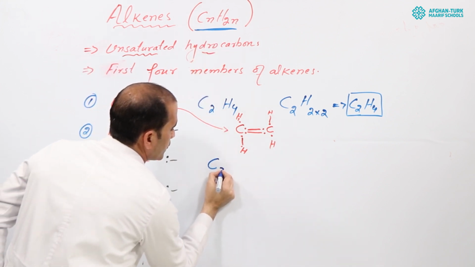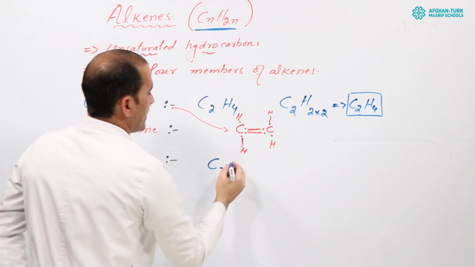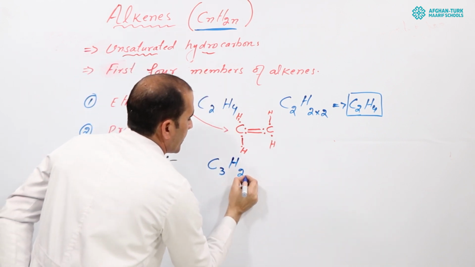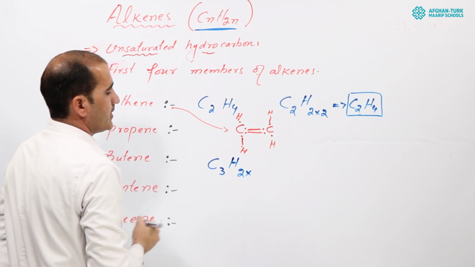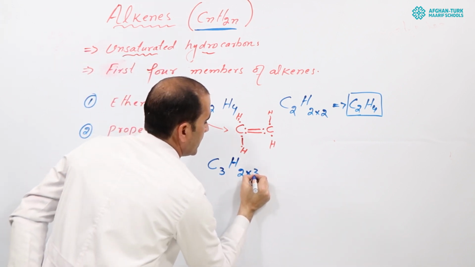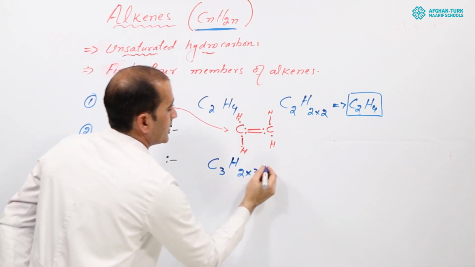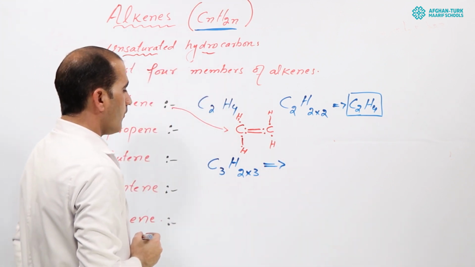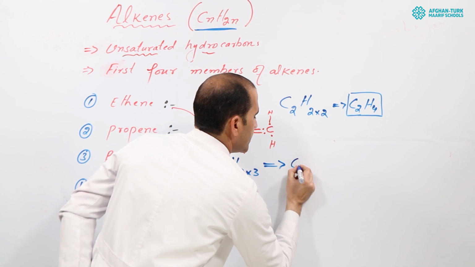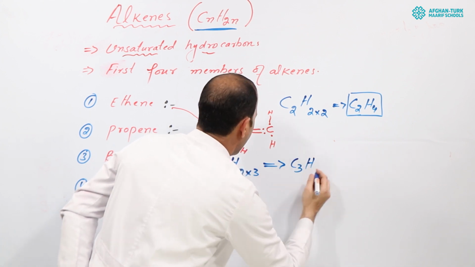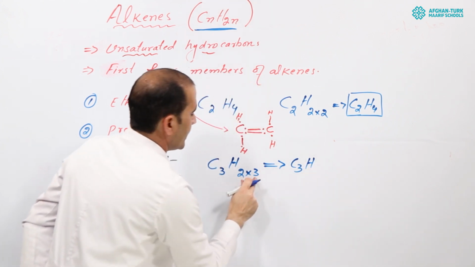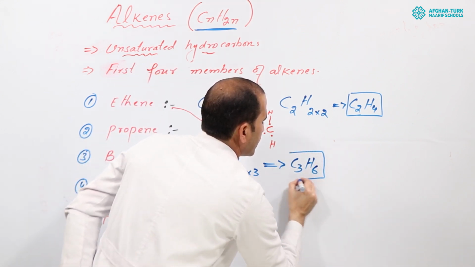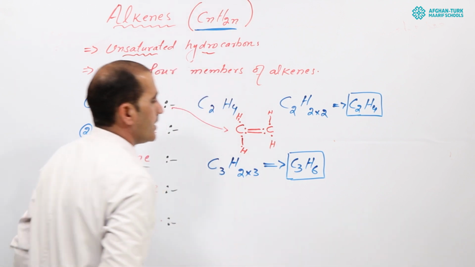So instead of n you put 3, and for hydrogens, 2 multiplied by the number of carbons, 3. So 2 multiplied by 3 gives 6. The molecular formula of propene is C3H6.